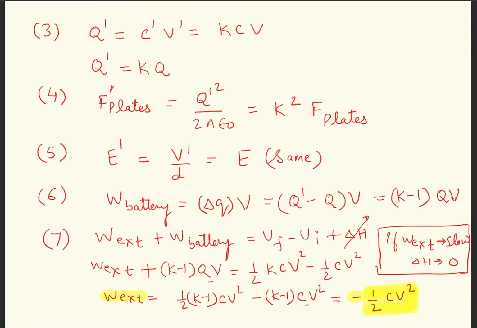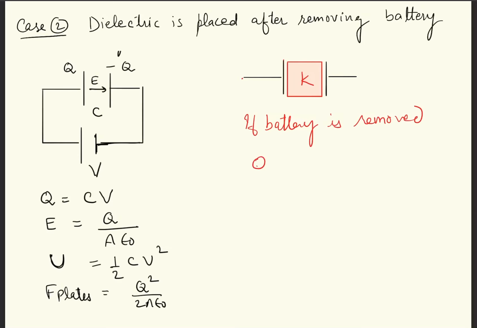Second case, when the dielectric is placed after removing the battery. Now remember one thing: if the battery is removed, then what will be constant? The charge on the capacitor now cannot change. So now Q dash will be equal to Q. This is our first parameter.